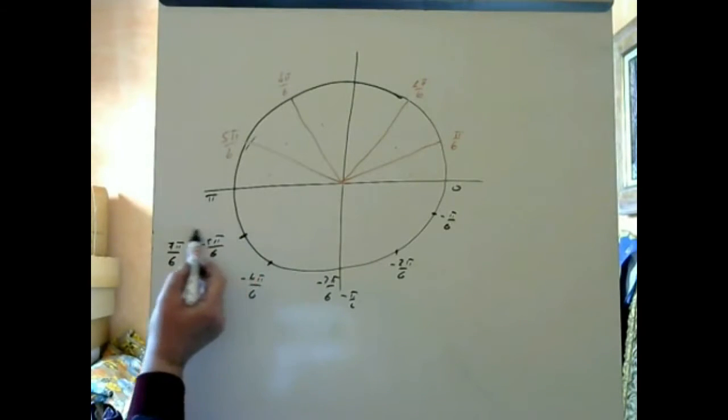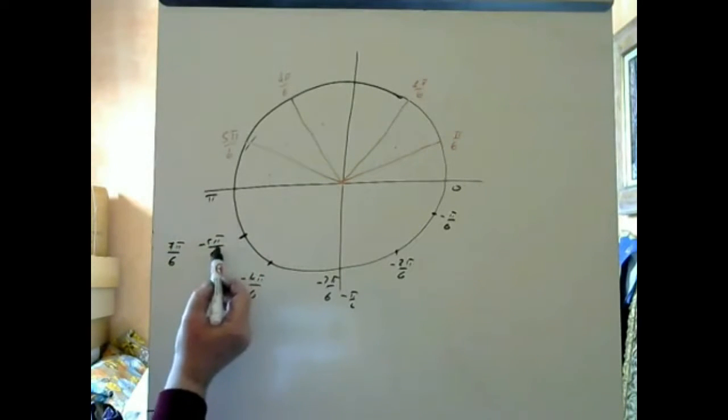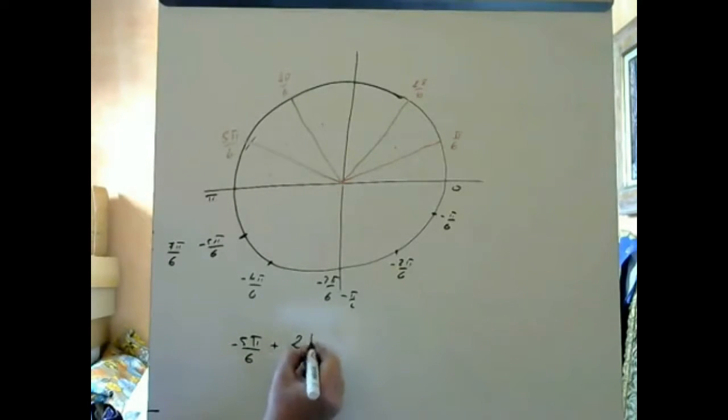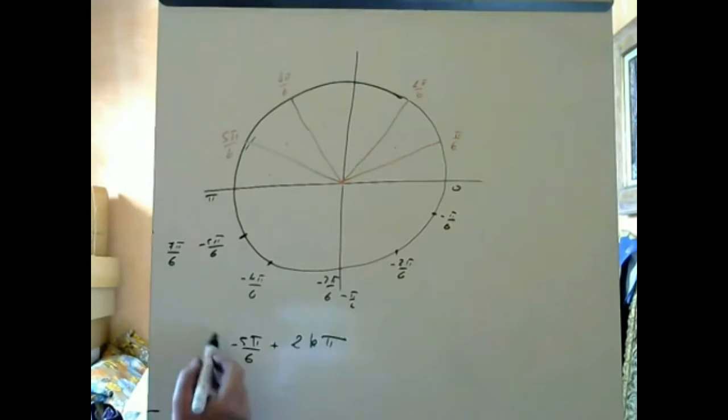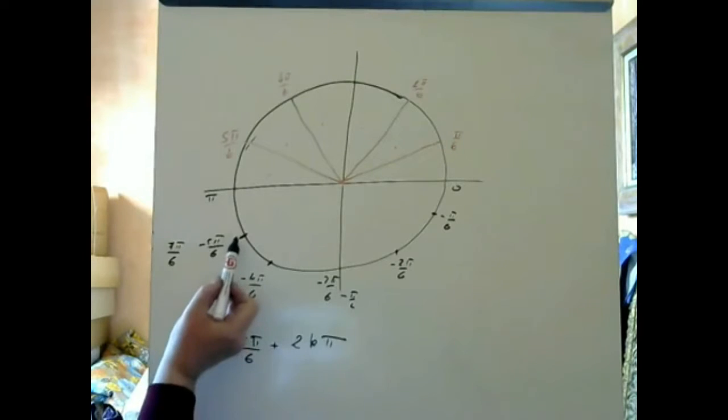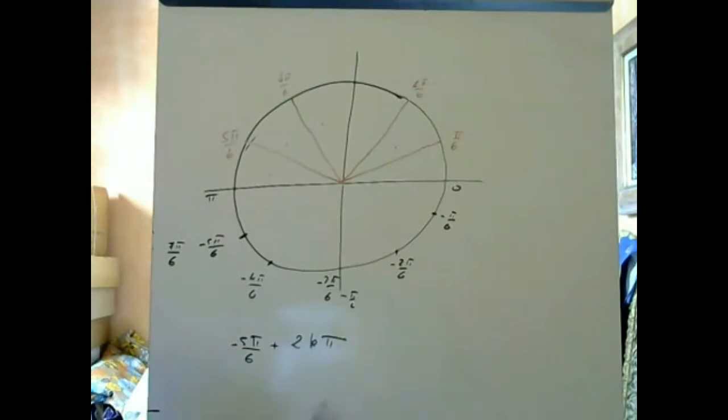And to represent all the angles which we can position on the same point on a circle, we can write the formula minus 5 pi over 6 plus 2k pi. And this formula will represent all the angles that have this position on the circle.